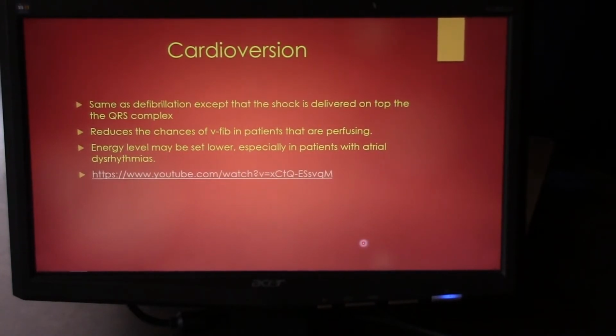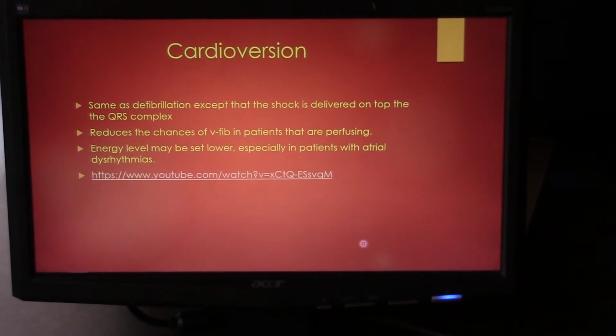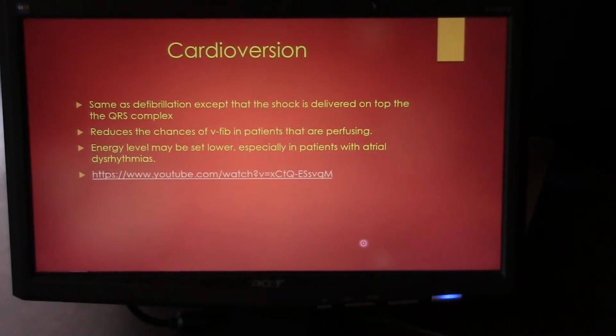Again, like I said, cardioversion is the same except that the shock is delivered on the top of the QRS complex. And this is why you have to have the monitor that has the defibrillator/cardioverter hooked to the patient so that it can actually sense the patient's rhythm. It reduces the chances of VFib in patients that are perfusing.